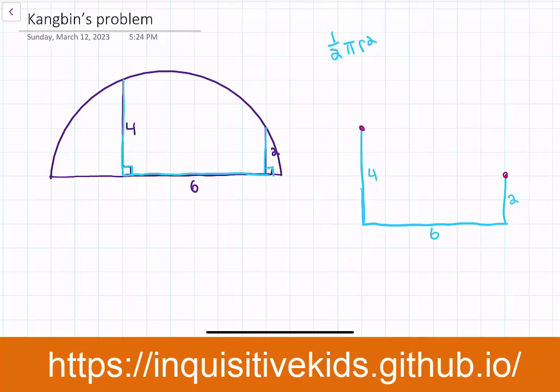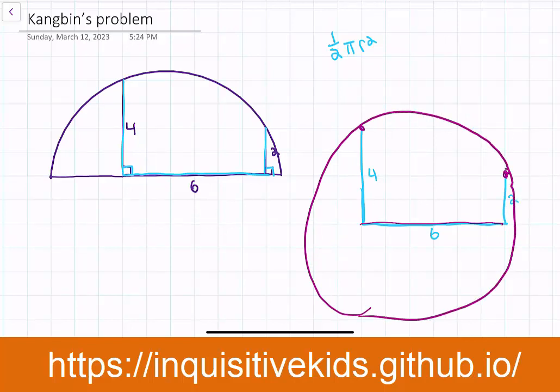And since this is half of the circle, this line segment would have to be on the diameter of this circle. Let's say that this is our circle and this point is on the circumference. There would be only one circle that follows all of these conditions. So now we know for sure that there is only one solution, and now we're going to go find it.